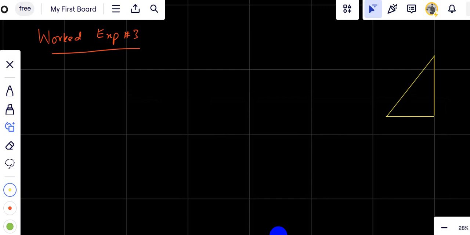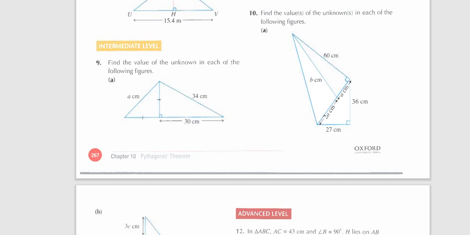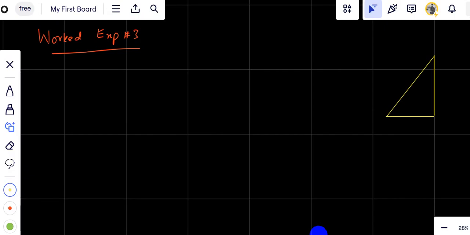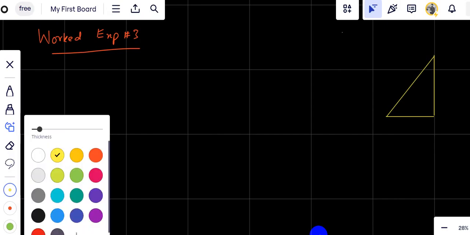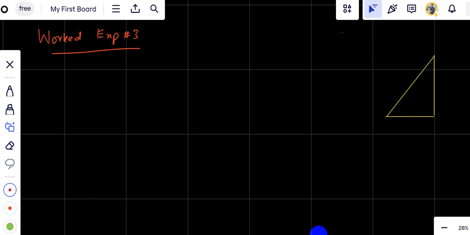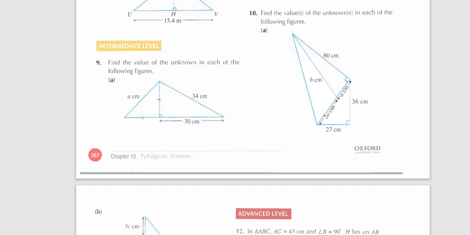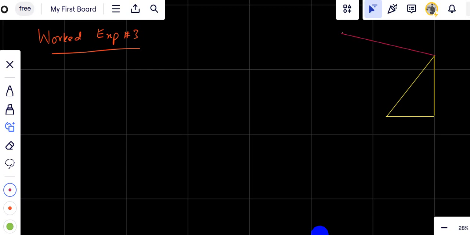Then we have another triangle, which is composite to it. Let's say here is a point. I can change the color for this second triangle. Okay, we have this line, and here is a 90-degree angle by joining this line with this.